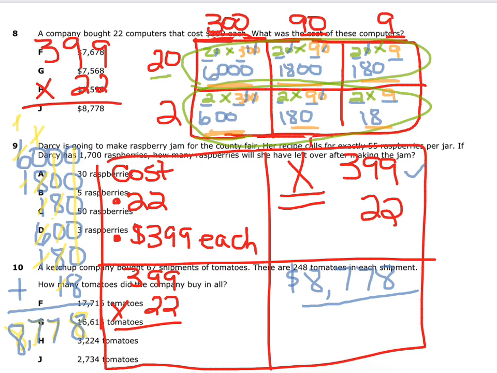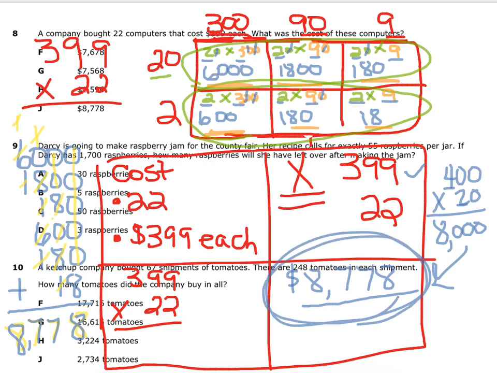If you want to check to see if you're close, you can estimate 399 computers to be 400 and 22 computers to be 20. 4 times 2 is 8 with 3 zeros. So 8,000 is an approximation of 8,778. So yes, that means this would be our correct answer. Okay, this right here is just letting us know that we're in the right ballpark.